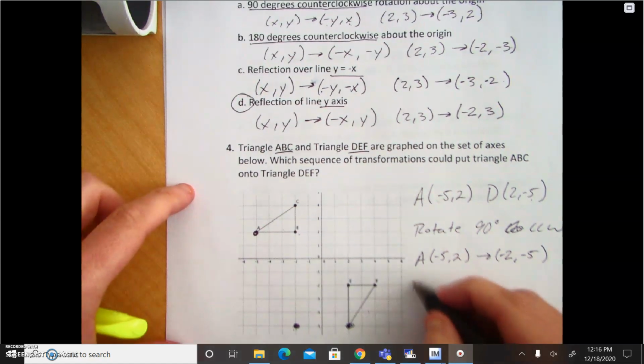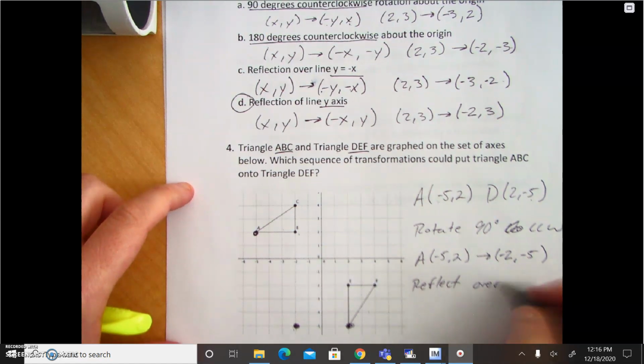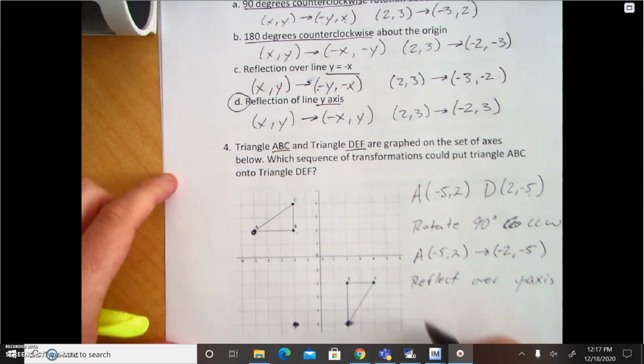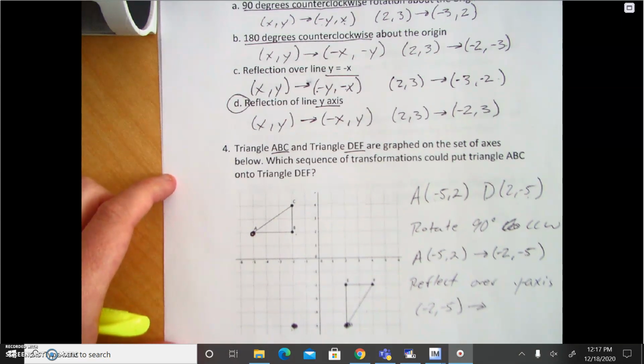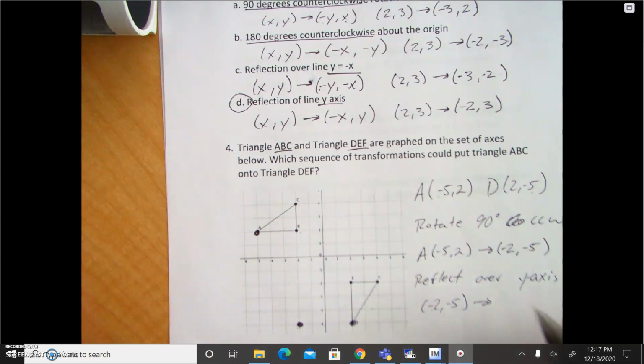So let's reflect over the y-axis. Let's test it. So it was at -2, -5. If I reflect over the y, I only change the x. I need to take the opposite of -2, which is +2. And it needs to be at -5, which is what we want.